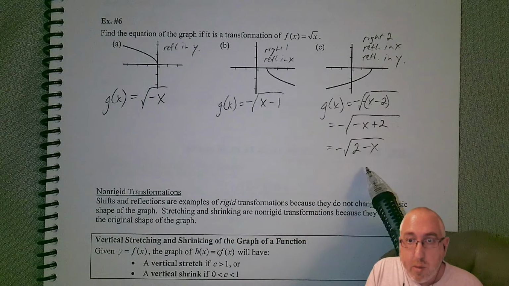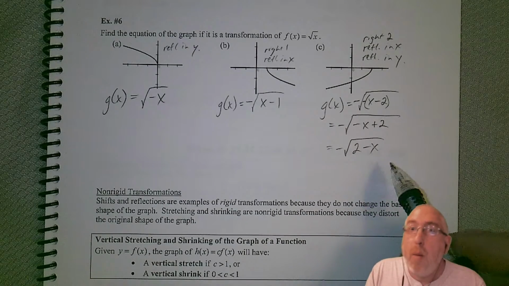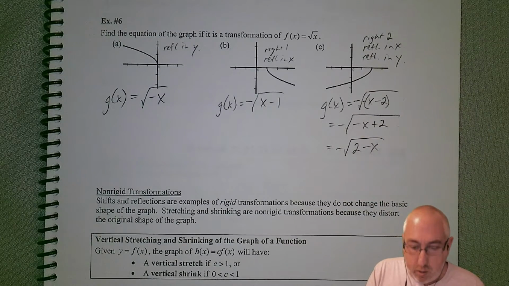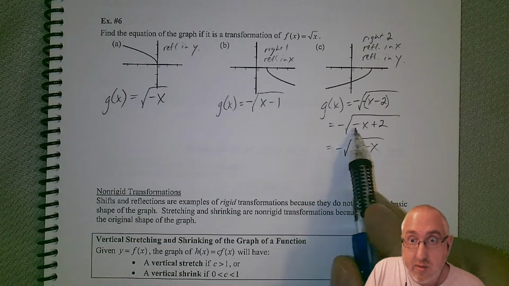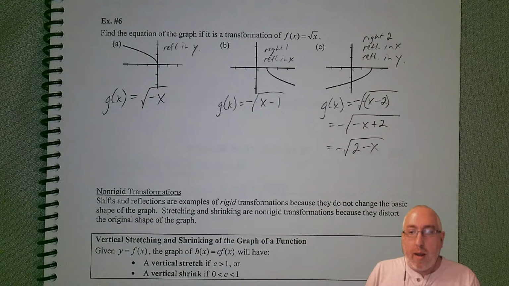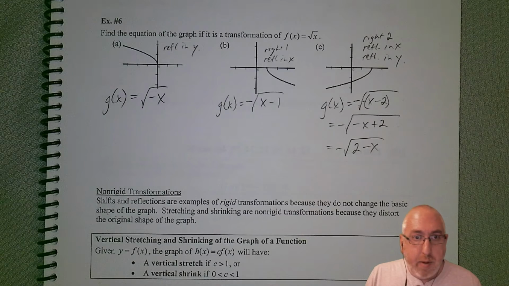This one's obviously the most compact and prettiest, but any of those would be acceptable. The one thing you don't want to do obviously is cancel out those negatives because that's a big no-no. So, okay, let's stop here and then we'll pick up these non-rigid transformations in the last video. So stay tuned.